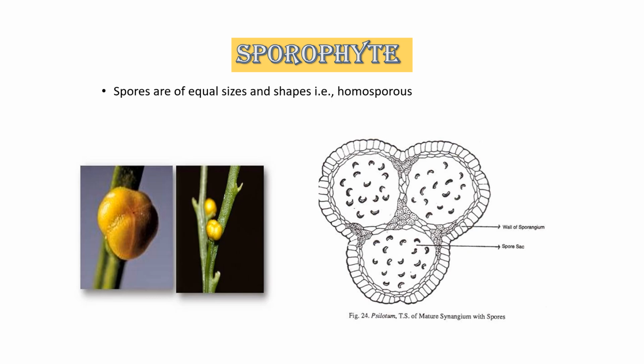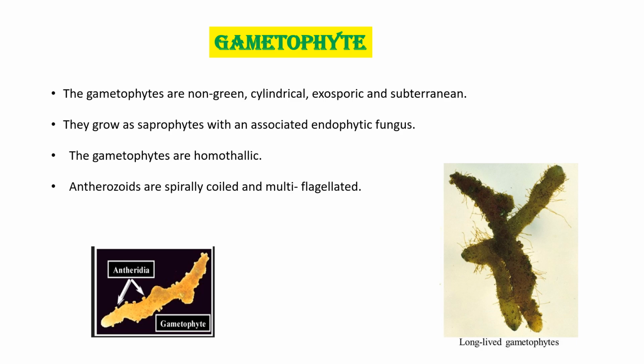These spores are usually kidney shaped and homosporous, which produce gametophytes after a resting period of 2 to 3 years. These gametophytes are non-green and exosporic. That means the gametophyte develops after the spore gets released.